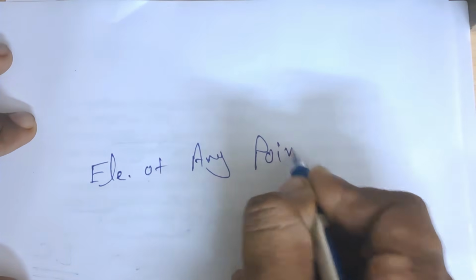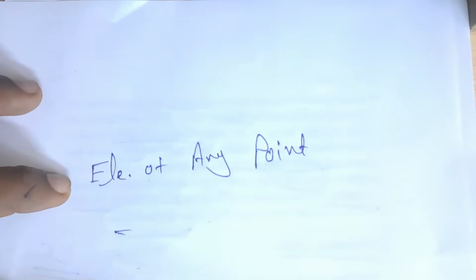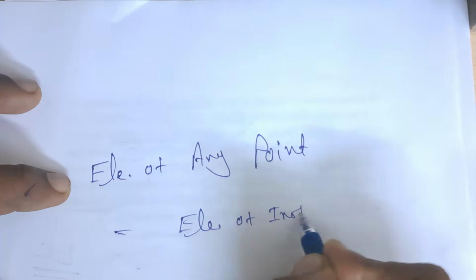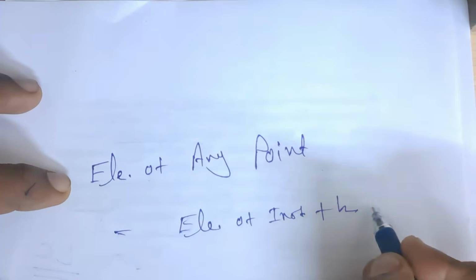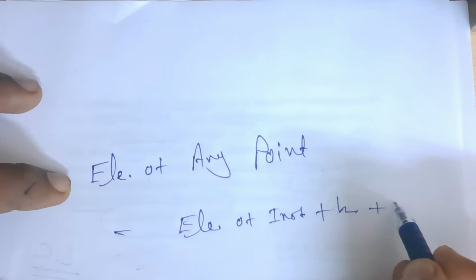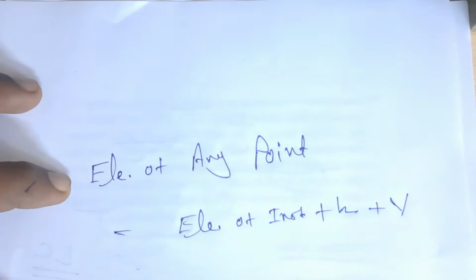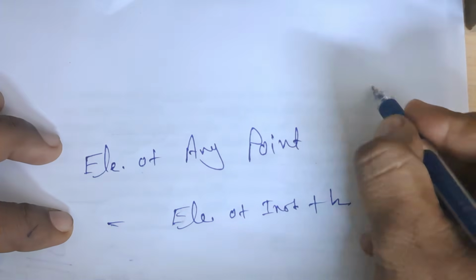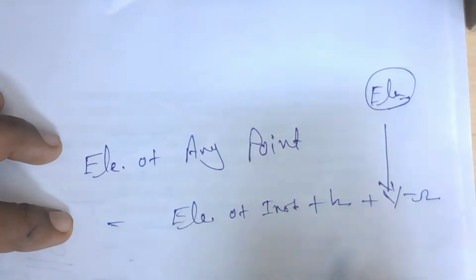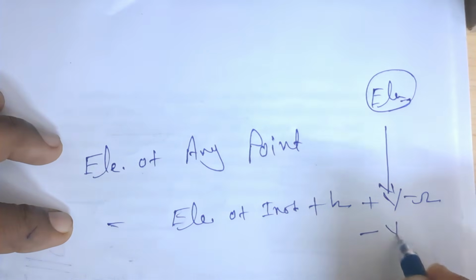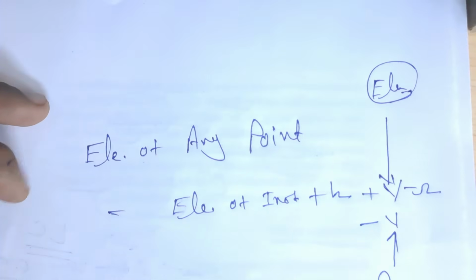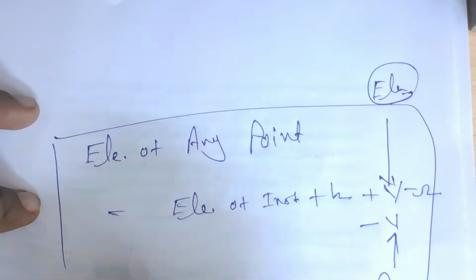Elevation of any point is equal to elevation of your instrument plus H if we have a positive angle, or you can say the angle of elevation, then plus and minus R. Remember this will be when we have an angle of elevation theta, and we put a minus when we have an angle of depression. Okay, so this is the formula you need to remember.